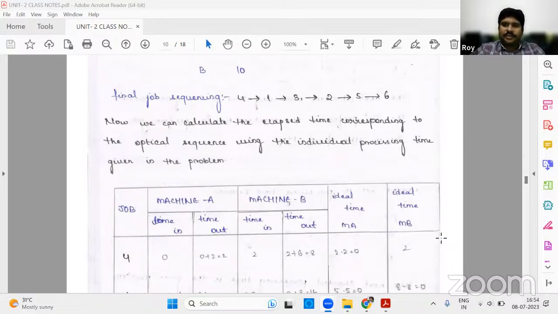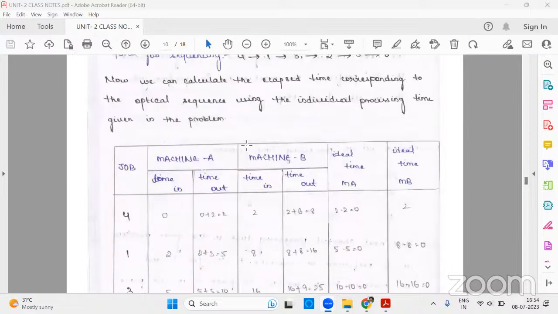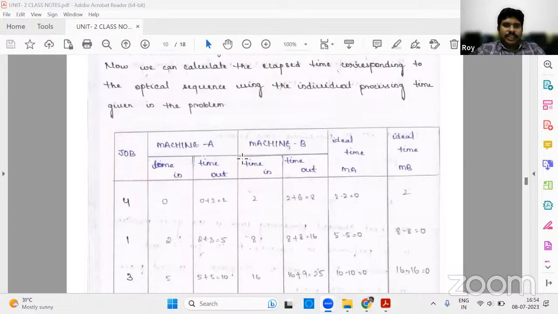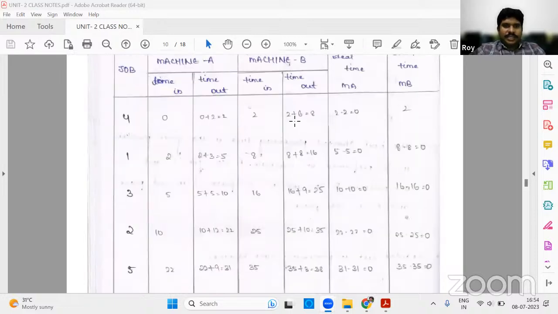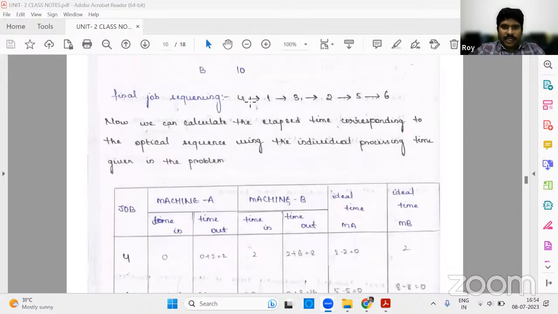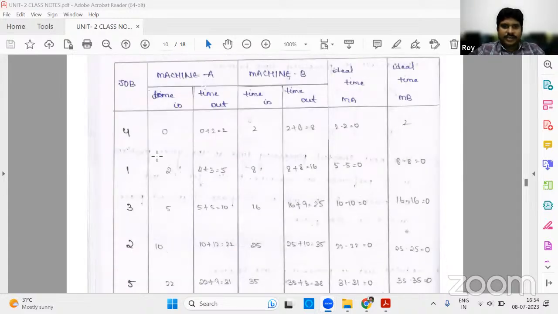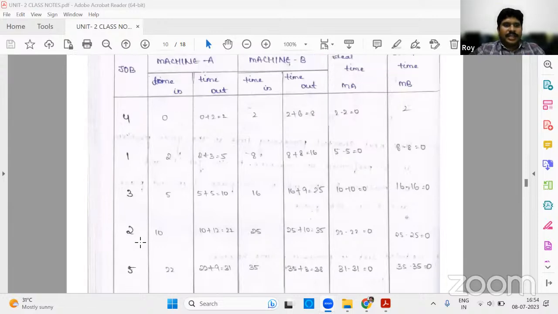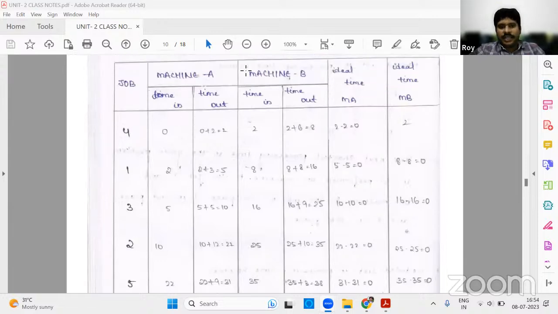Now, are you able to understand? Is the question clear? Yes, sir. Now, let us go into this. You need to keep this in your mind. This is the table. First, keep the heading job, and write down the sequence 4, 1, 3, 2, 5, 6. After that, keep the heading mission A, and under mission A, write down time in, time out.